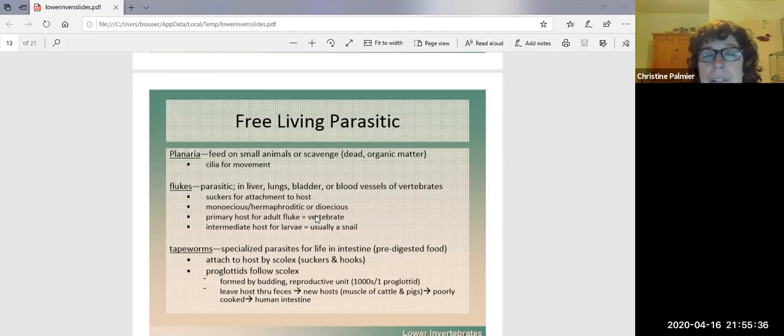Flukes are parasitic. They like to hang out in the liver, lungs, bladder, or blood vessels of vertebrates, which would include us. They have suckers to attach to the host internally. They can be monoecious, which you may have learned from the plant lab.